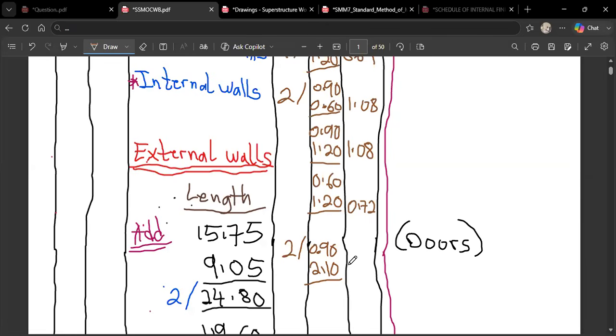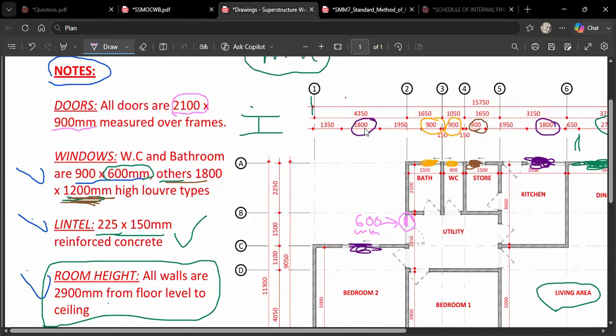So that is going to give us 3.78. Then the last but not the least, let's take the double door.